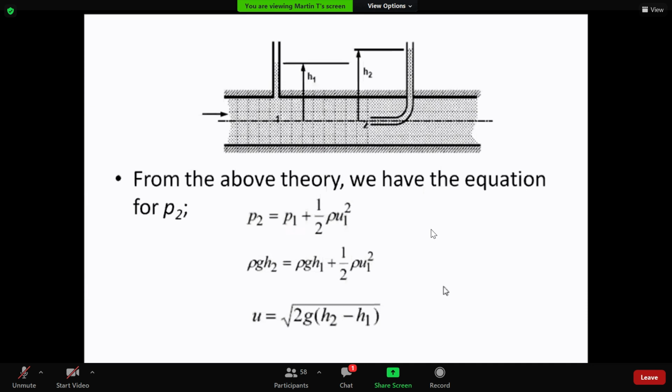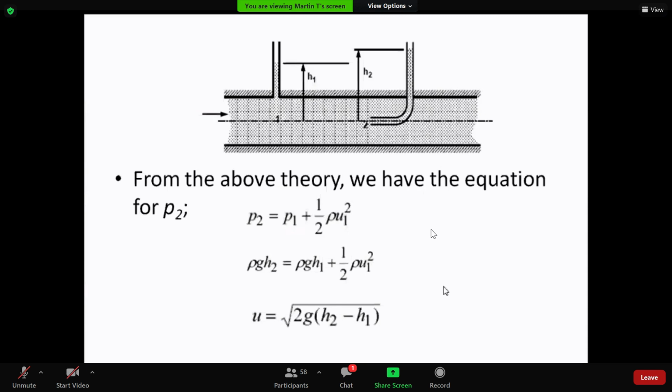So if I have these two tubes, at point number 1, the height rises in the tube to H1. At point number 2, it rises in the tube to H2. Now let's substitute the pressures. Remember, in fluids, pressure increases with depth.